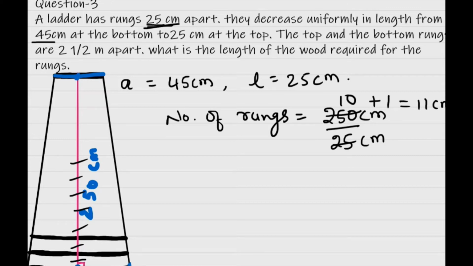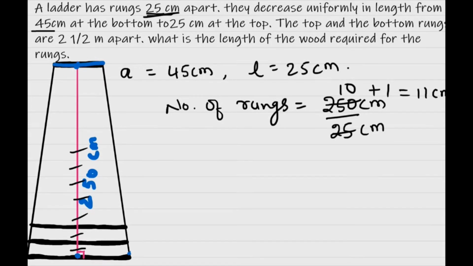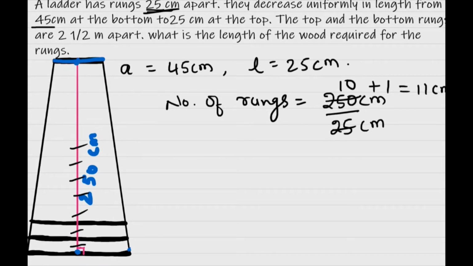How? Suppose we are taking 1, 2, 3, 4, 5, 6, 7, 8, 9 and 10 distances. If we are taking 10 distances, let us see how many rungs we are getting.